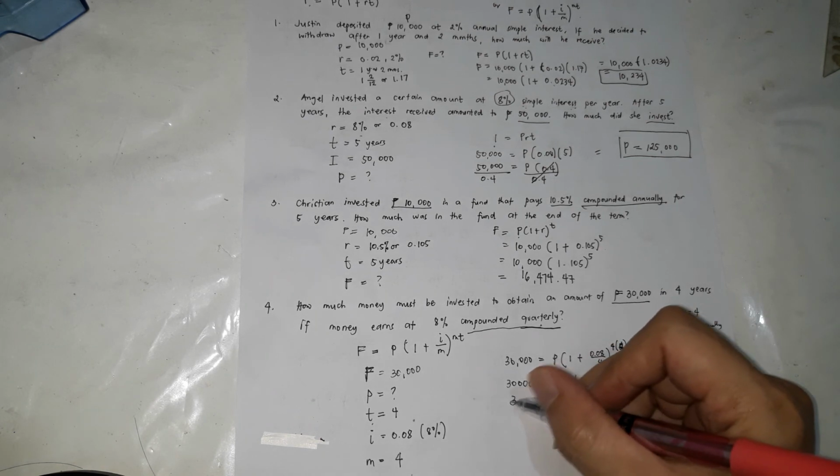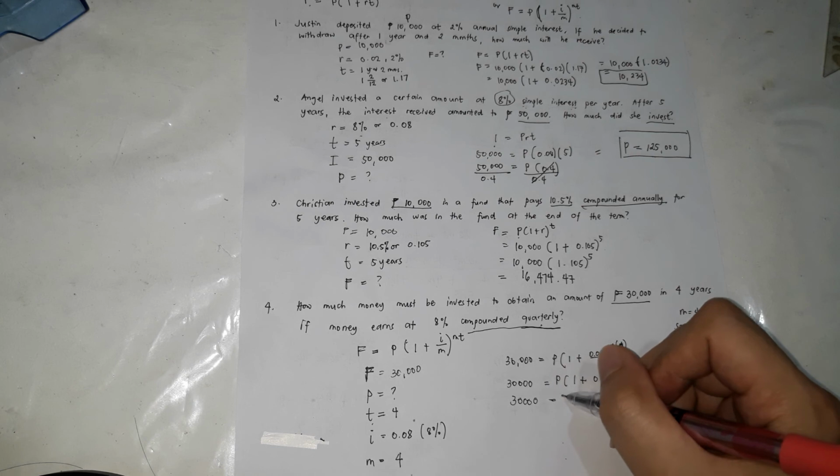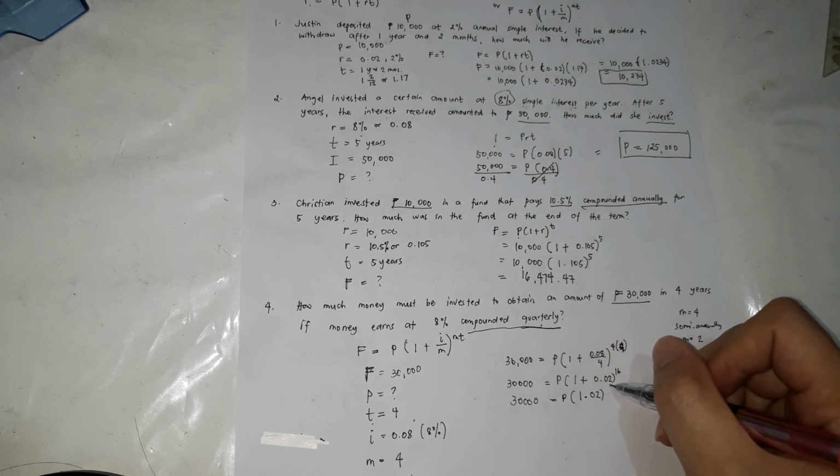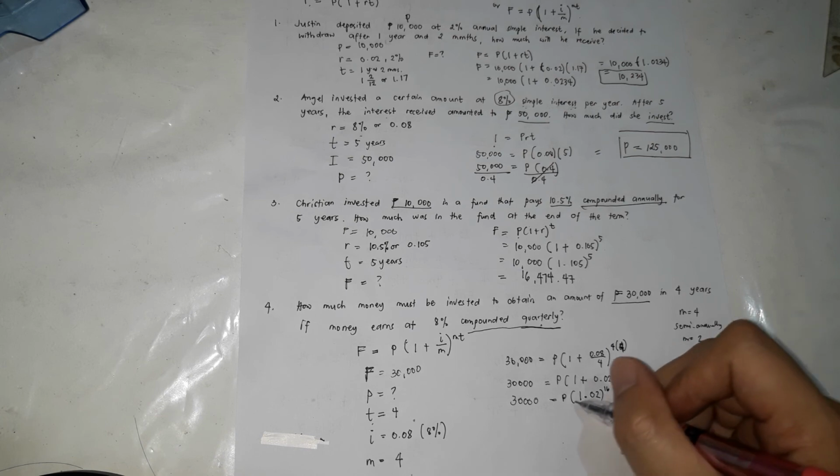So 30,000 is equal to P times 1.02 raised to the power of 16.